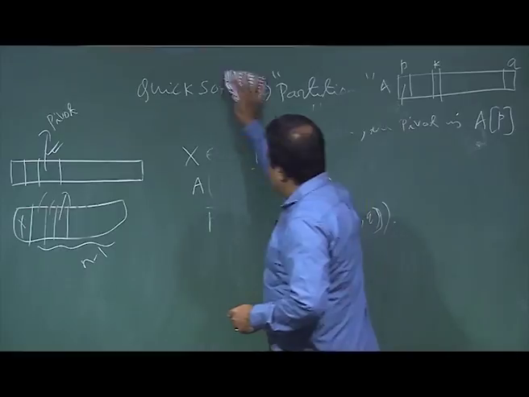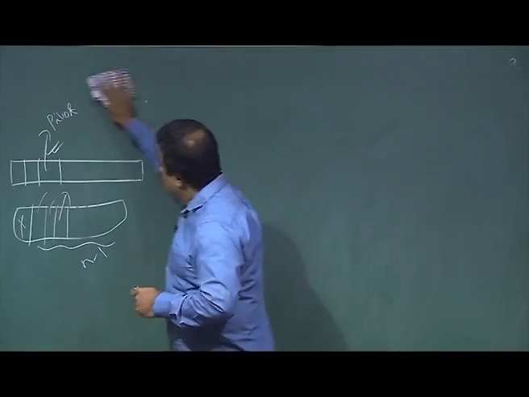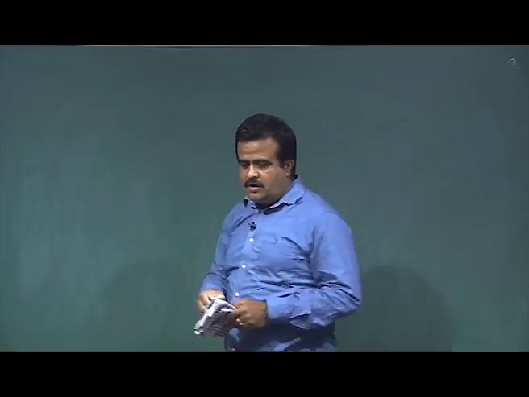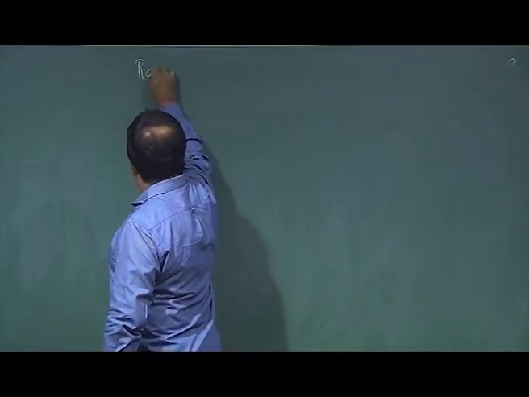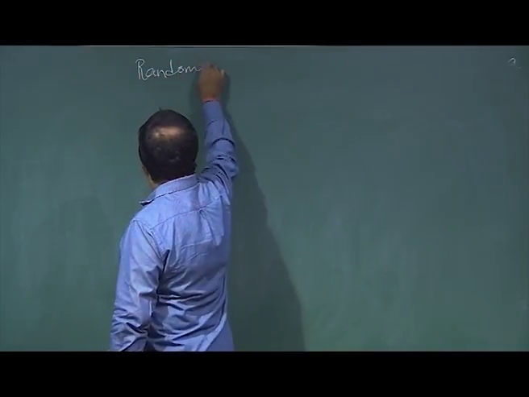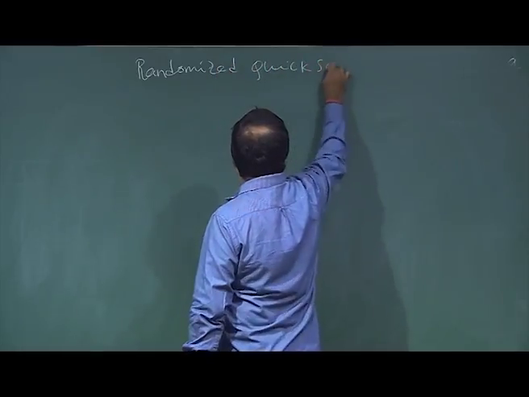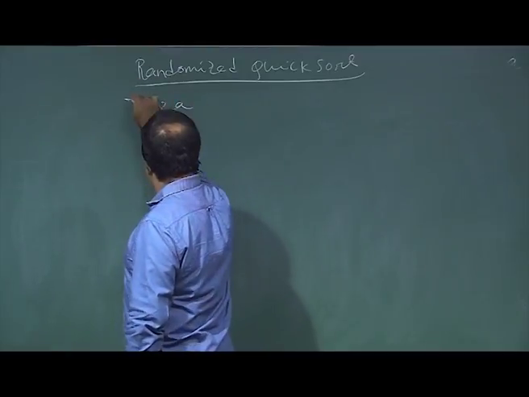So that is the idea of randomized quicksort. So we talk about randomized quicksort. The idea is to choose the pivot element randomly.